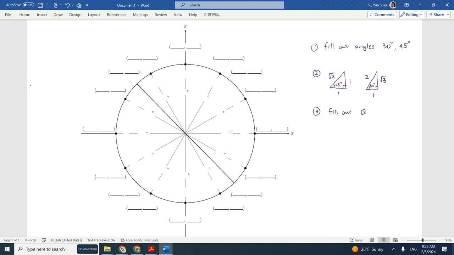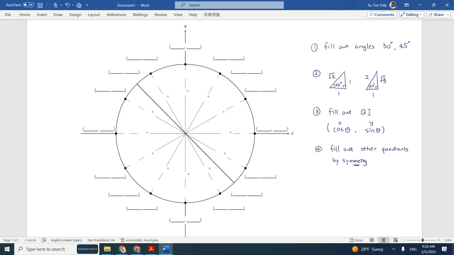Okay, so quadrant 1. Using the x coordinate is cosine theta, and the y coordinate is sine theta. And then you fill out other quadrants by symmetry.